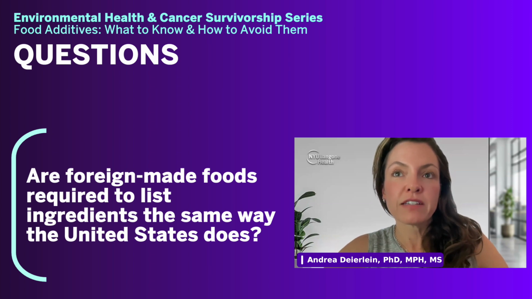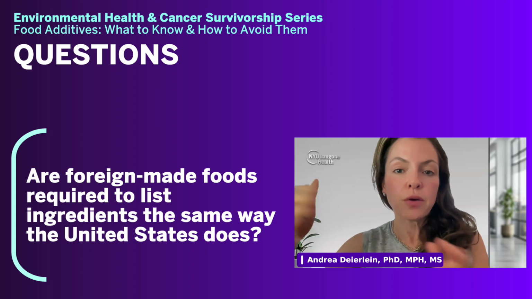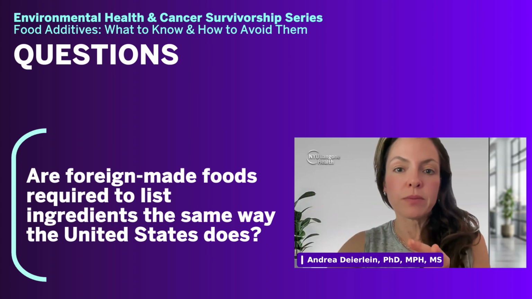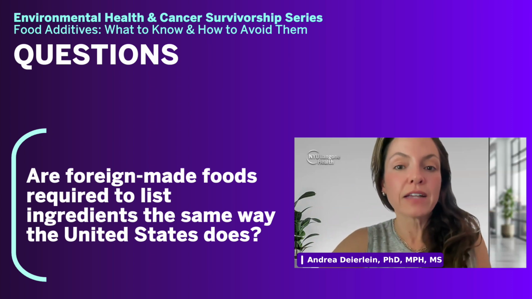My understanding is that's because there are different regulations there on what food ingredients are allowed, and manufacturers have changed their ingredient list to match what is allowed in those countries. So if you go somewhere in Europe and pick up something, you might say, this looks somewhat different from what I've seen in the US. And that's the reason why.